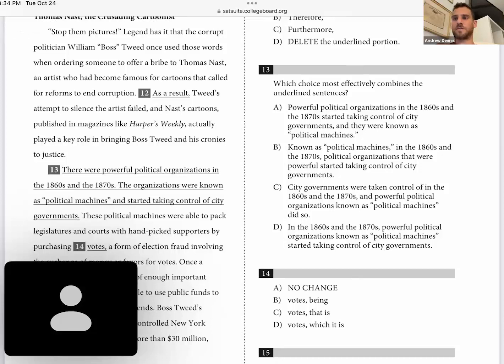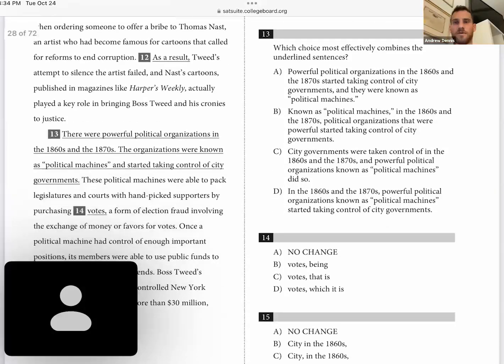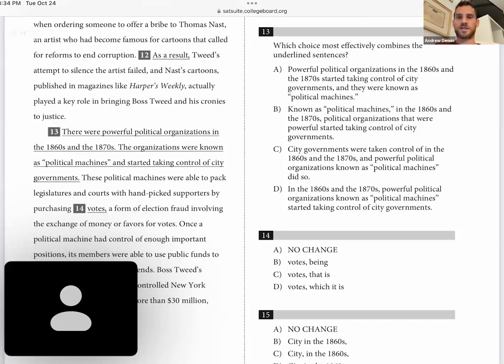Which choice most effectively combines the underlined sentences? Let's check it out. There were powerful political organizations in the 1860s and the 1870s. The organizations were known as political machines and started taking control of the city governments. Let's look at the answer choices. Powerful political organizations in the 1860s and the 1870s started taking control of city governments, and they were known as political machines. Not bad.